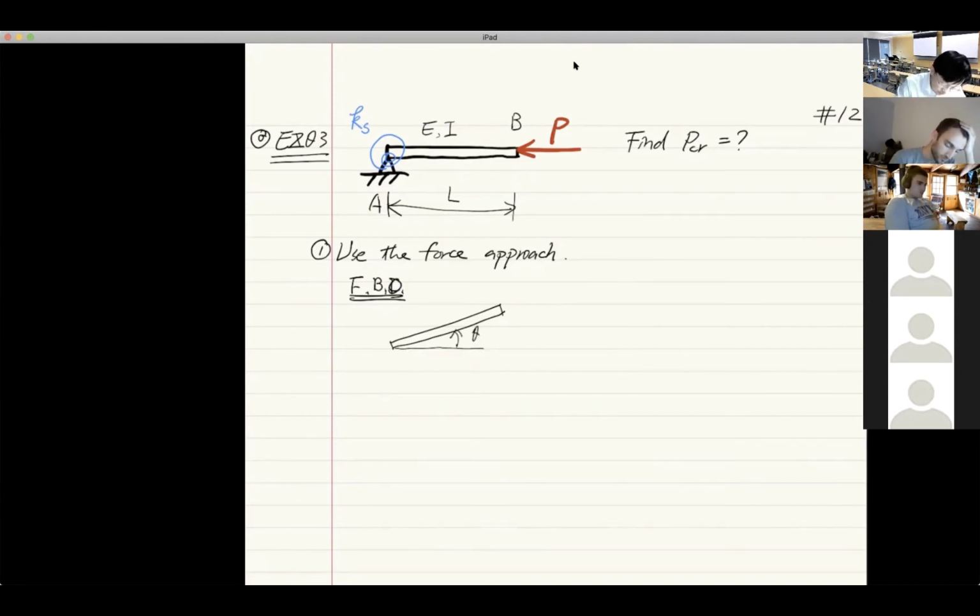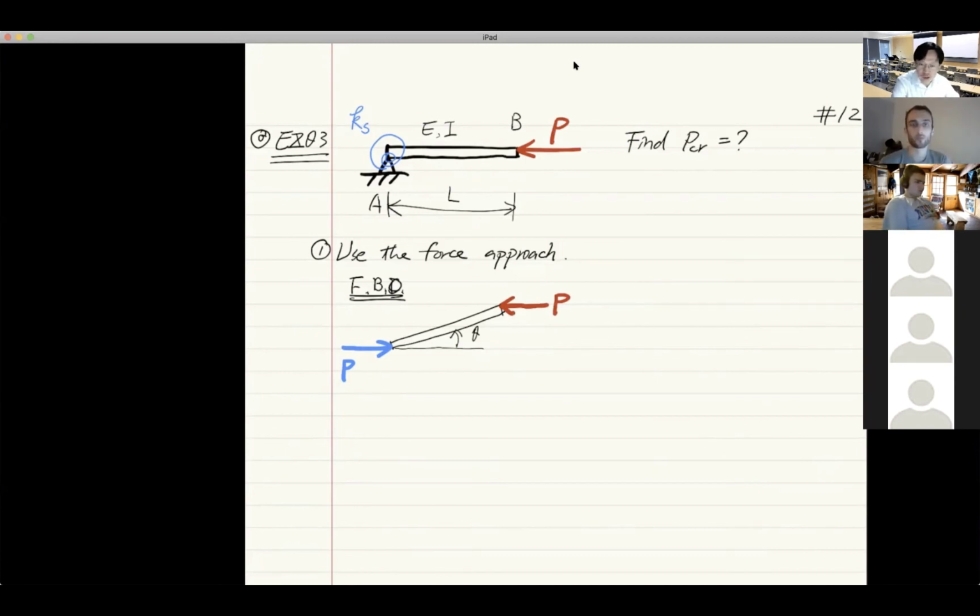The force is still acting here. This is P. And to balance this, of course, you also have internal action P here, right? Now, what other forces should we consider in this free body diagram?